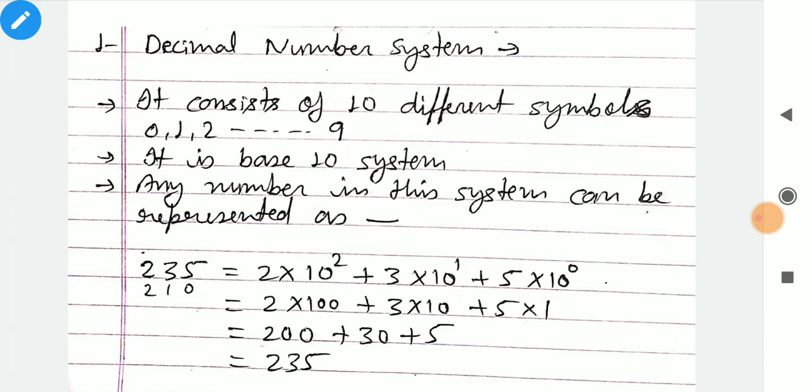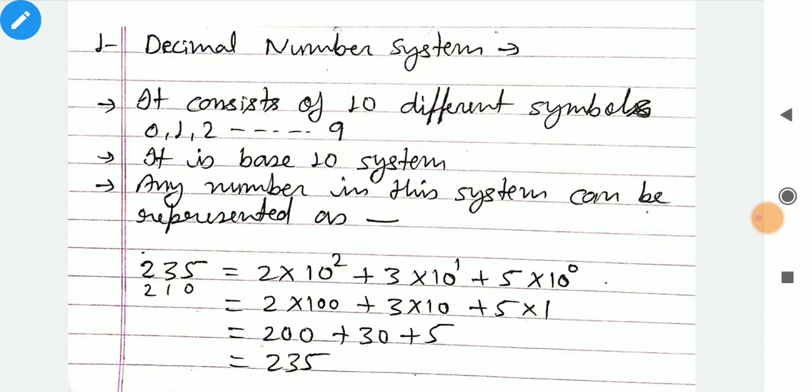Whenever you are writing this number, you can see 10 to the power 2, 10 to the power 1 and 10 to the power 0. So powers are basically the places of the digits represented in the number 235.